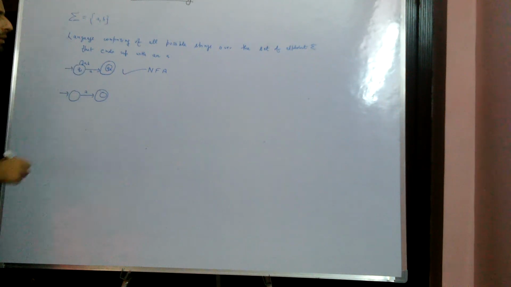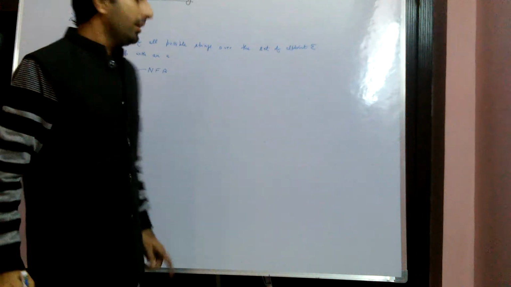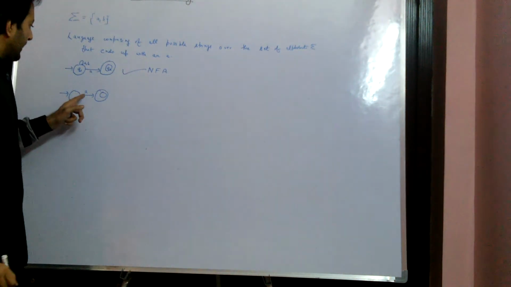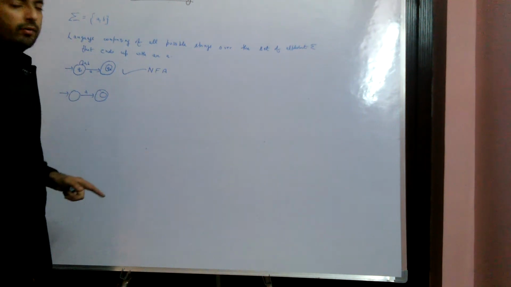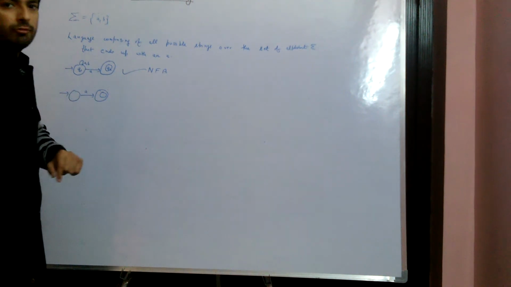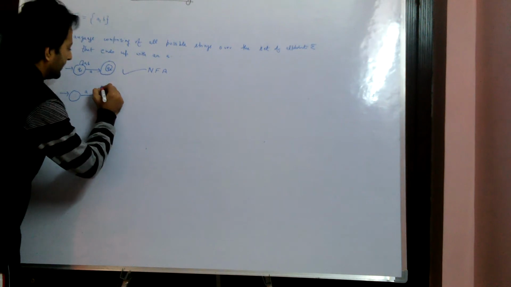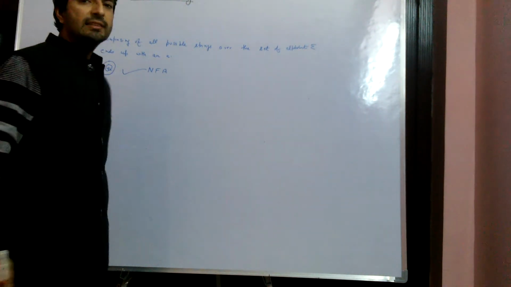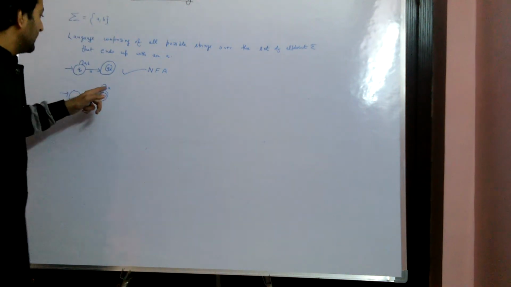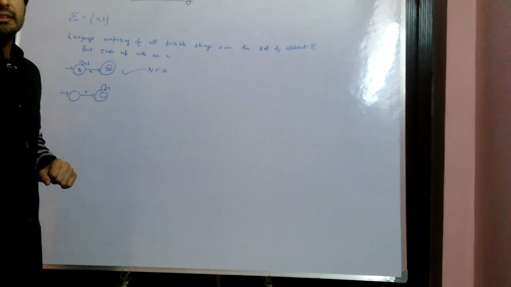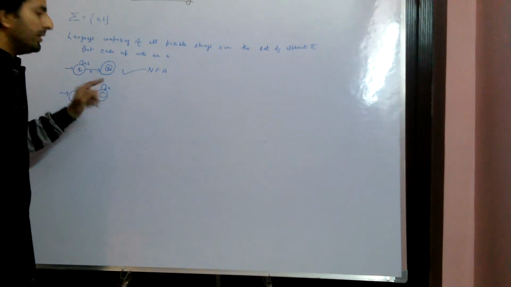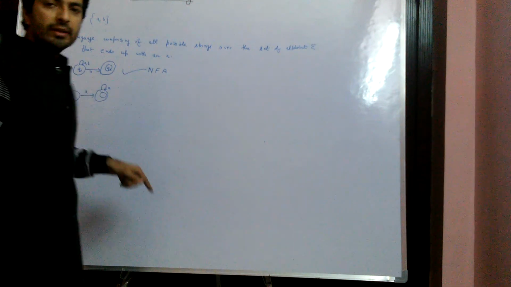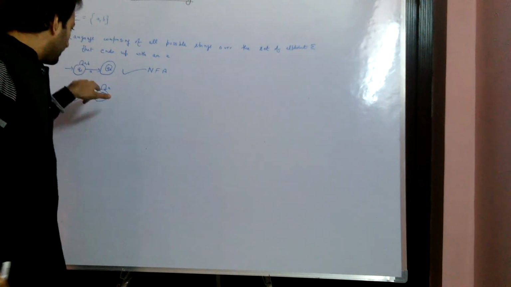But in case this is not the last A, we are going to consider the next alphabet. If that alphabet is again an A, we have no problem. We will stay in the final state because this is the last alphabet, and we accept this string because it is ending with an A.